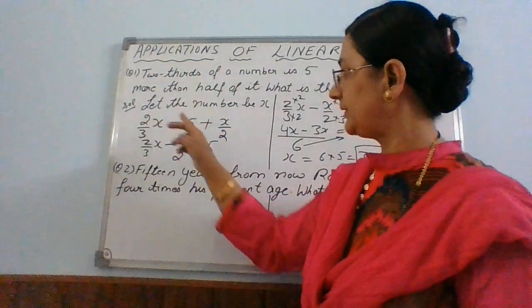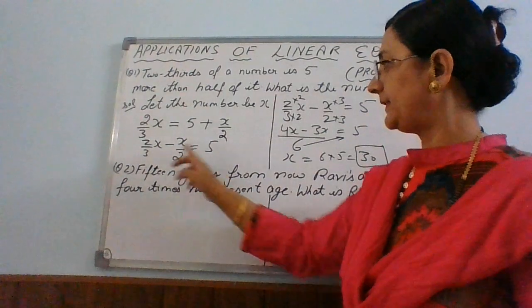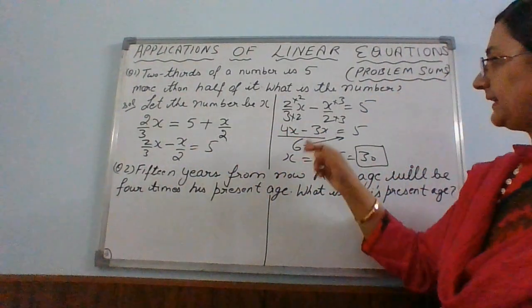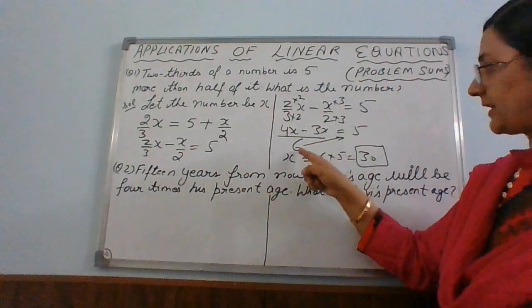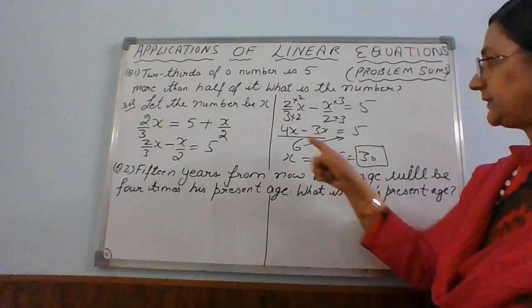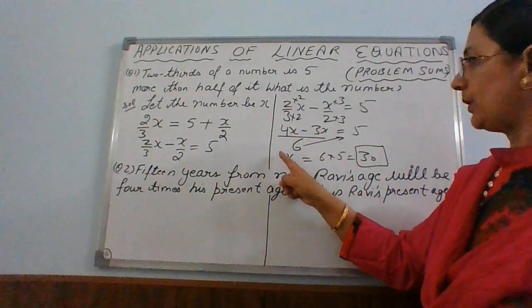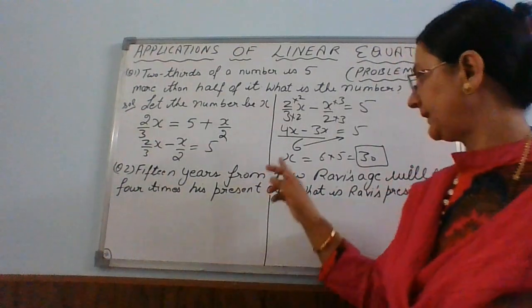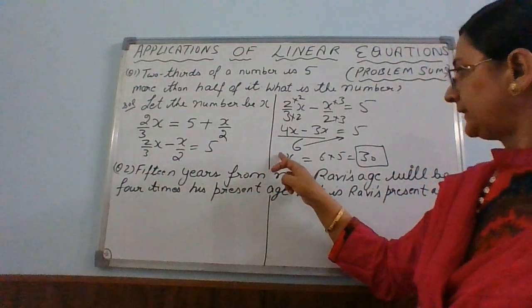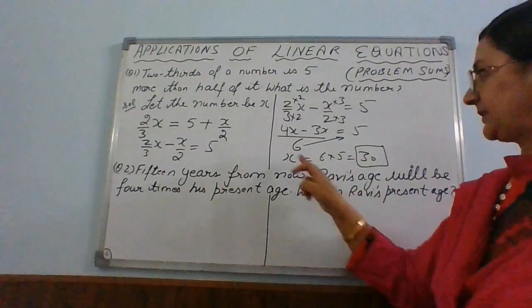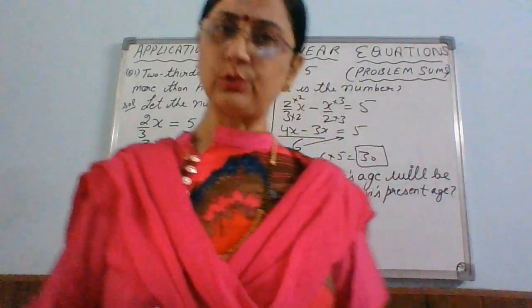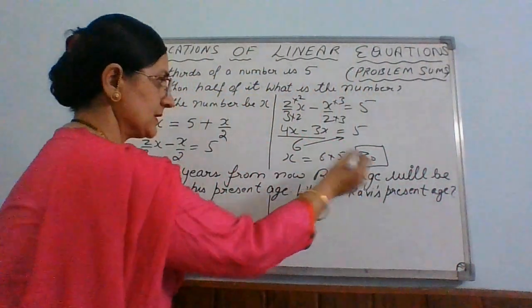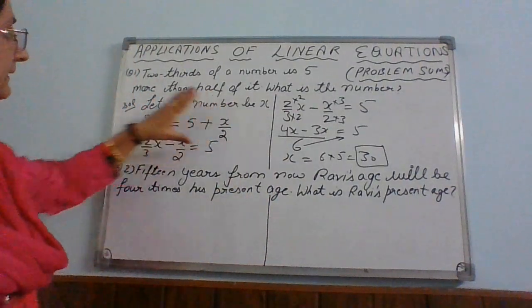Like terms, bring to the left, change the sign. 5 is already there. Take the LCM, right? And just do the cross multiplication. The 6 goes here and becomes 6 fives are 30 and 4 minus 3 is 1x. We didn't have any number here. If there would have been 2, then it comes down by cross multiplication. But we had 1. We don't have to cross 1, right? So this is the answer. So I have done this question.